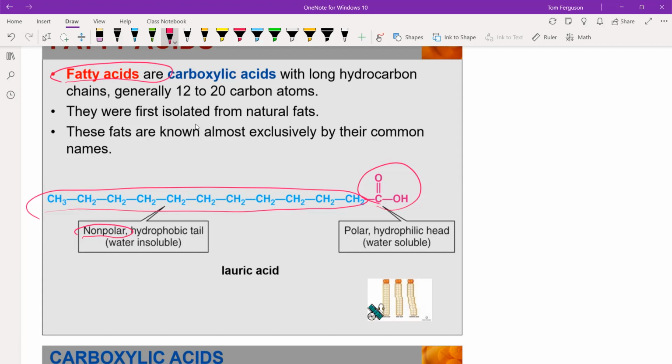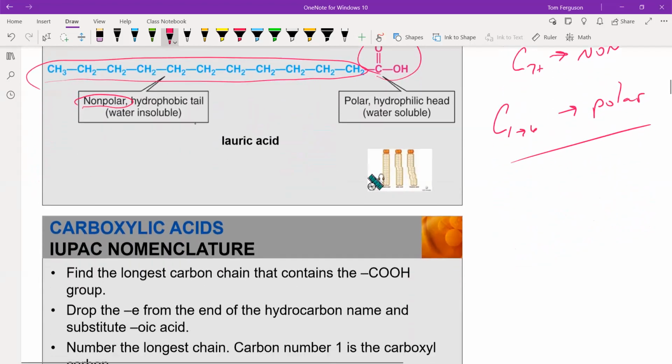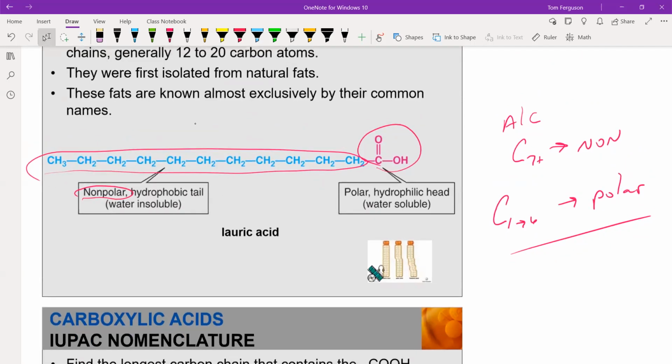Remember with alcohols, C7 alcohols tended to be non-polar. Alcohols, carbons 1 through 6 tended to be polar. It's going to be a similar concept with acids. We'll see some graphs in a little while here, where the length of the chain on the other end of the acid group will make it either polar or non-polar.